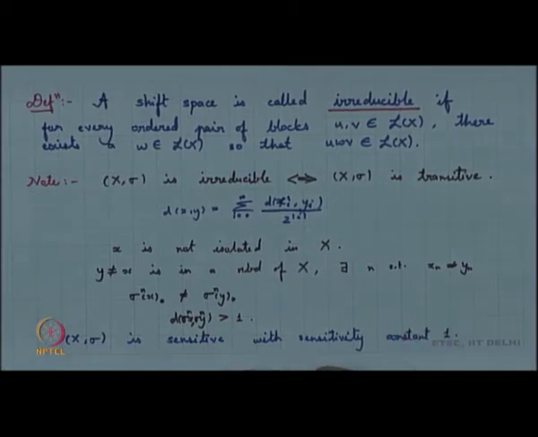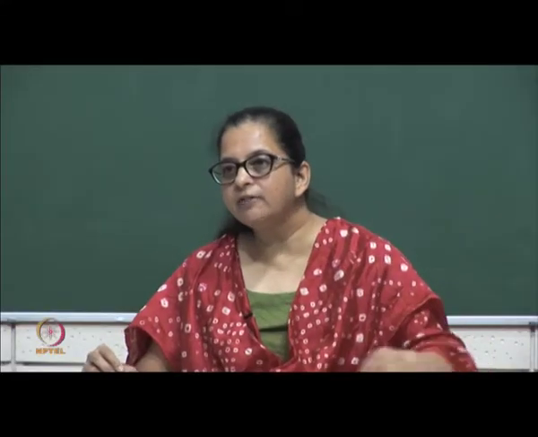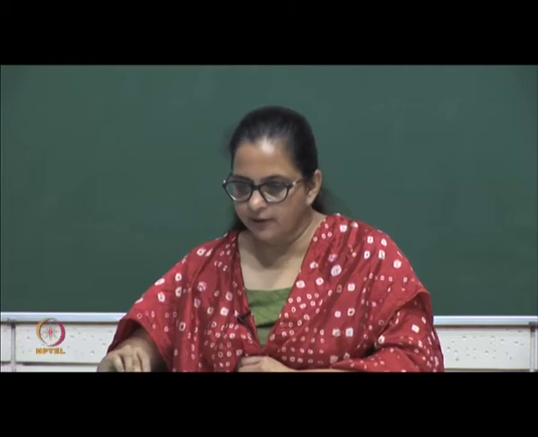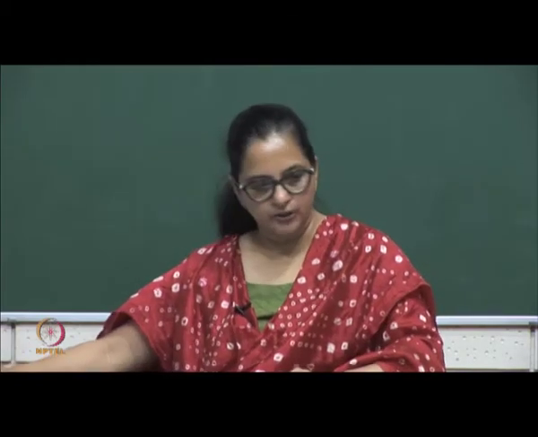Now, we are more interested in looking into when can we say that two shift spaces are conjugate. So, we are now looking into that aspect, when are two shift spaces conjugate.